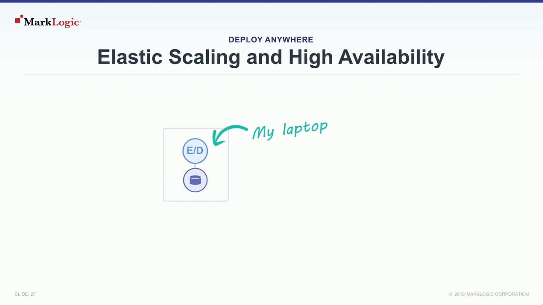This is my laptop in this case, and that's actually also your first cluster. So you've got a single binary that can evaluate queries. That's what Joe was talking about this morning, the E node, as well as handle data. That's the D node. So on my laptop, I've got a combined node. That's very good for development. And this is the same binary that's going to be running in MarkLogic production, so you can be assured that your queries are going to act the same.